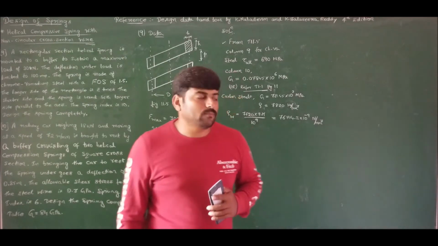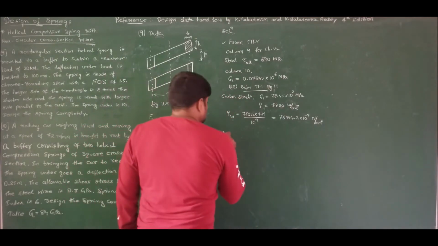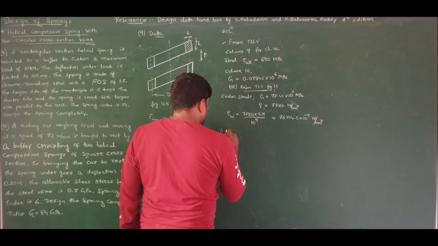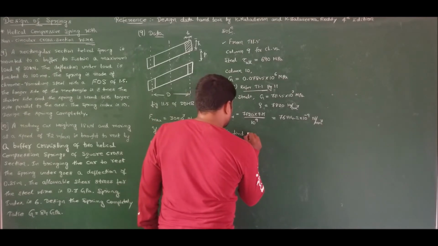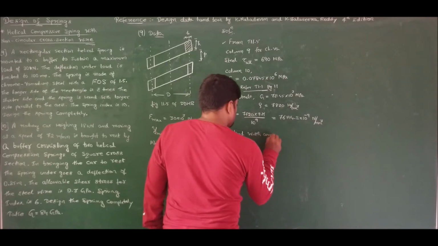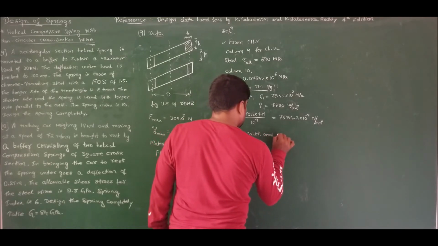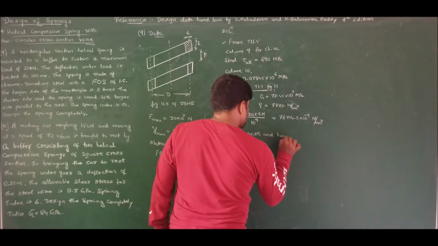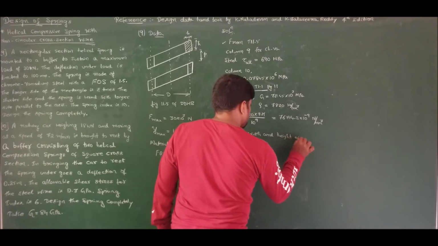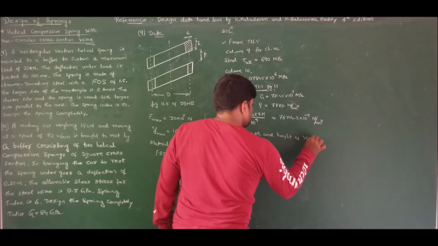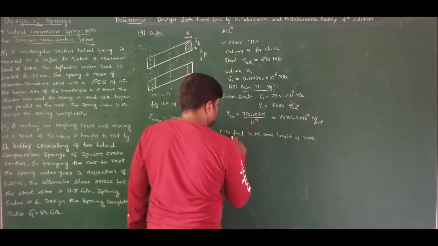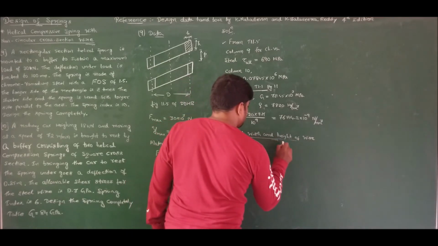Moving to step 1, in the first step we should find the width and height of the wire, which will give us the cross section of the wire.